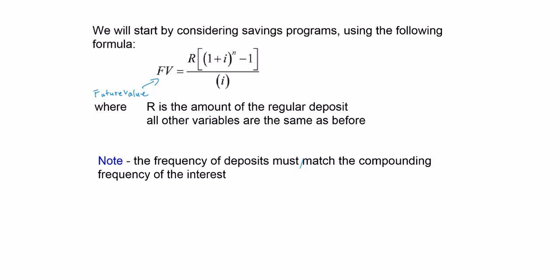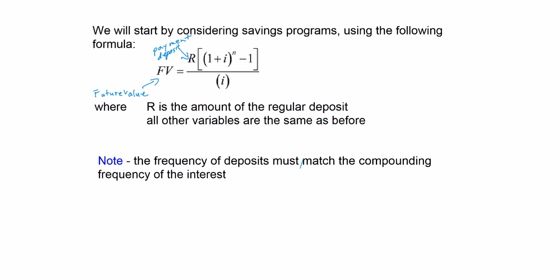But the R value is our residual. Okay? Just like before. So this part is the payment or deposit. And we'll have to take a look at what these other parts are.